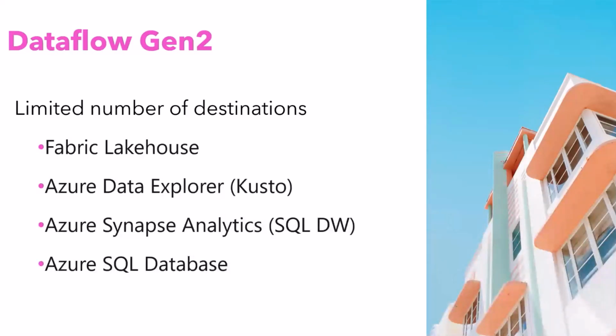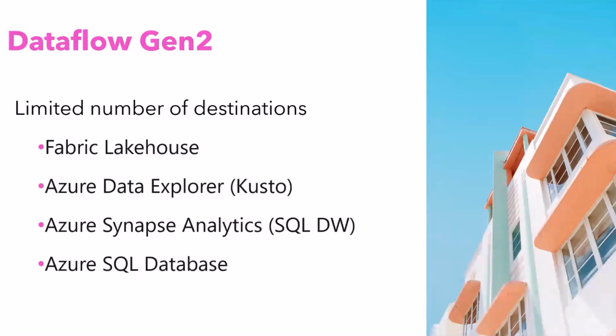There's no other place that you can include as a destination. These are the only ones, so if you wanted to move it straight to ADLS Gen 2, you can't. It's not supported. So keep that in mind when you're deciding to incorporate a Dataflow Gen 2 into your pipeline.